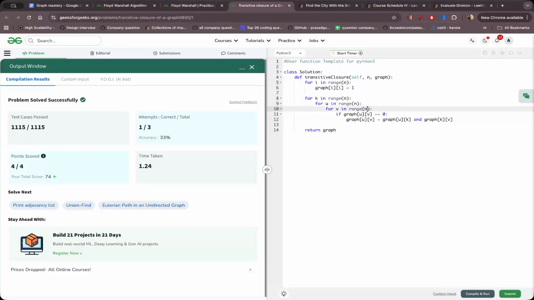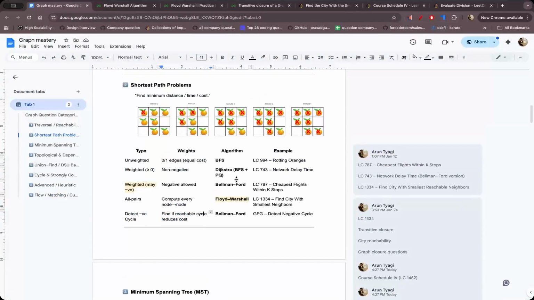Alternatively, we can try to run the algorithms which we learned earlier, like Dijkstra, for example, which is of order E log V. We can run that for every vertex.